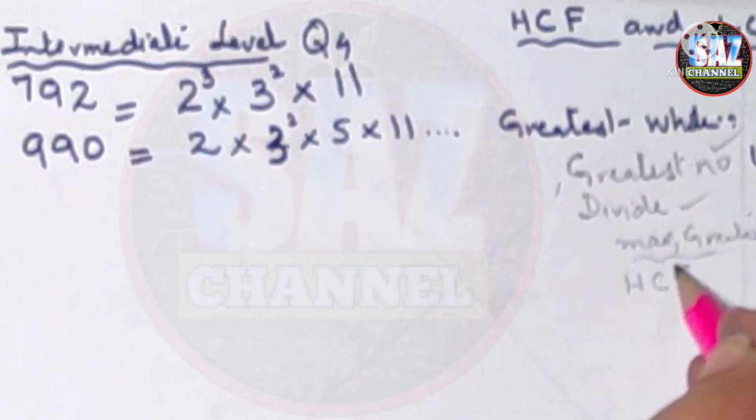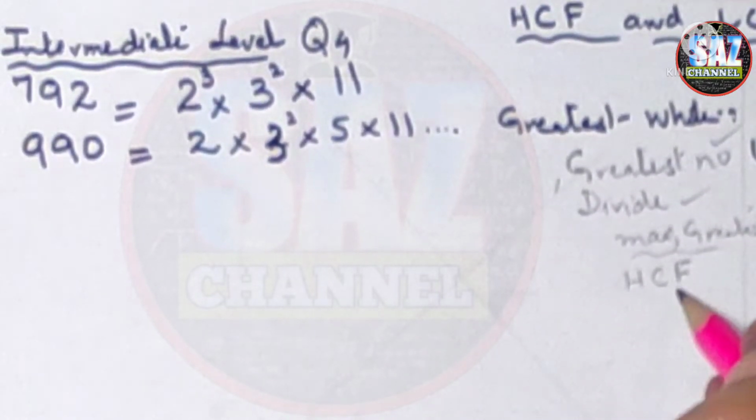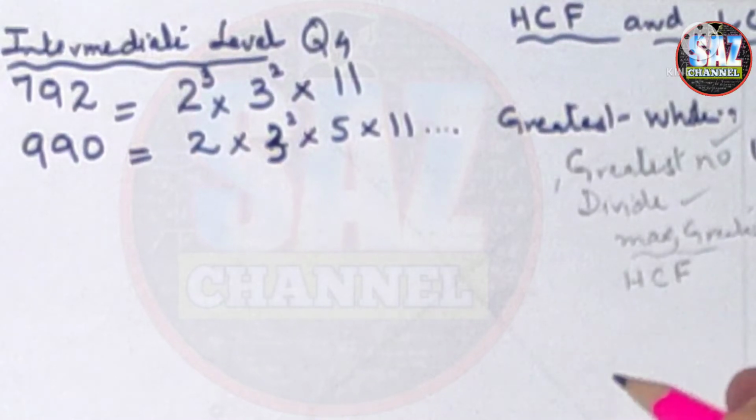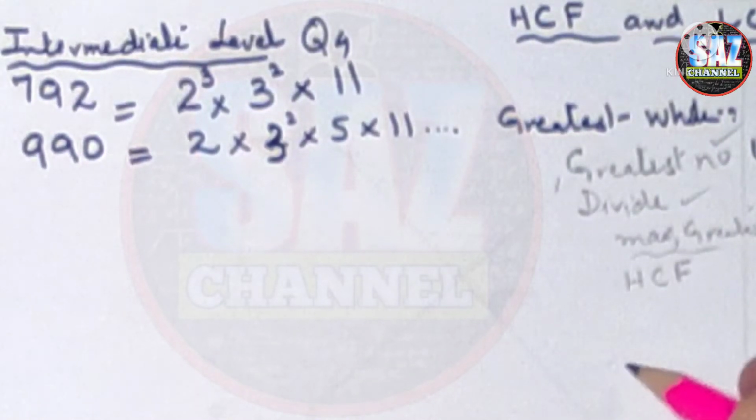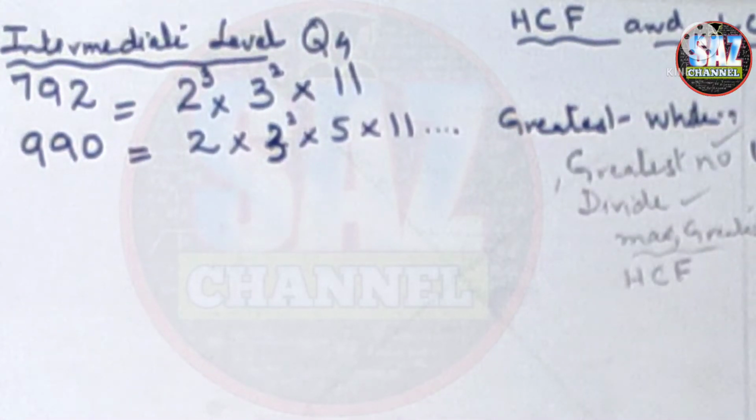And when there is a repeated event and you have to find the least or the smallest thing, in that case you have to find the LCM. This is the technical difference between the situations of HCF and LCM. Students, you have to focus on all these points because these are important concepts of your O-level examination. So in this question, we have to find the greatest whole number which will divide both exactly.